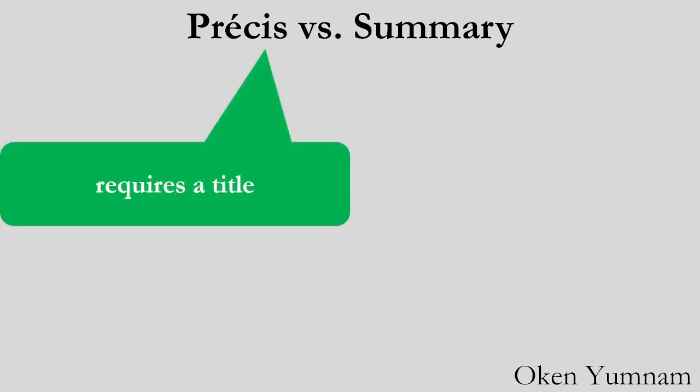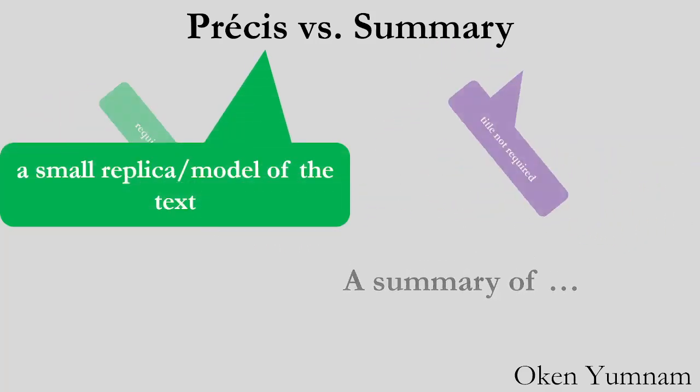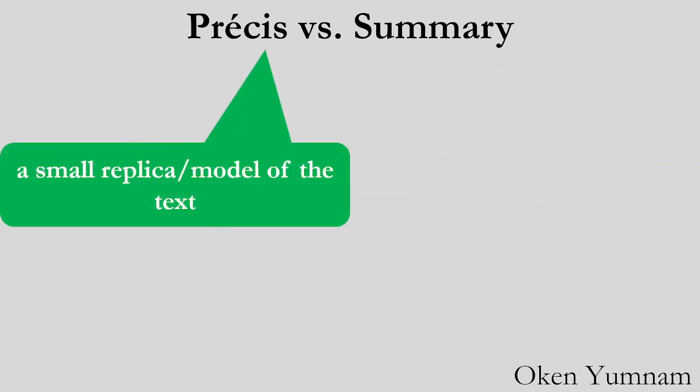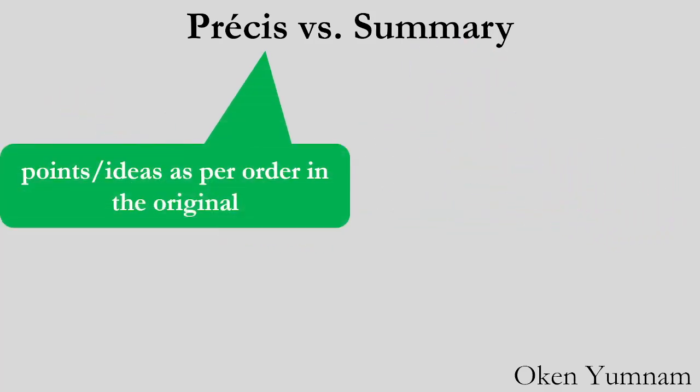Now let's see the difference between a précis and a summary. A précis requires a title, but a summary doesn't require a title. Of course, instead of a title, we may write something like "A summary of" and the name of the text. A précis is a small replica or model of the original text, but a summary is just a shortened description of the original text.